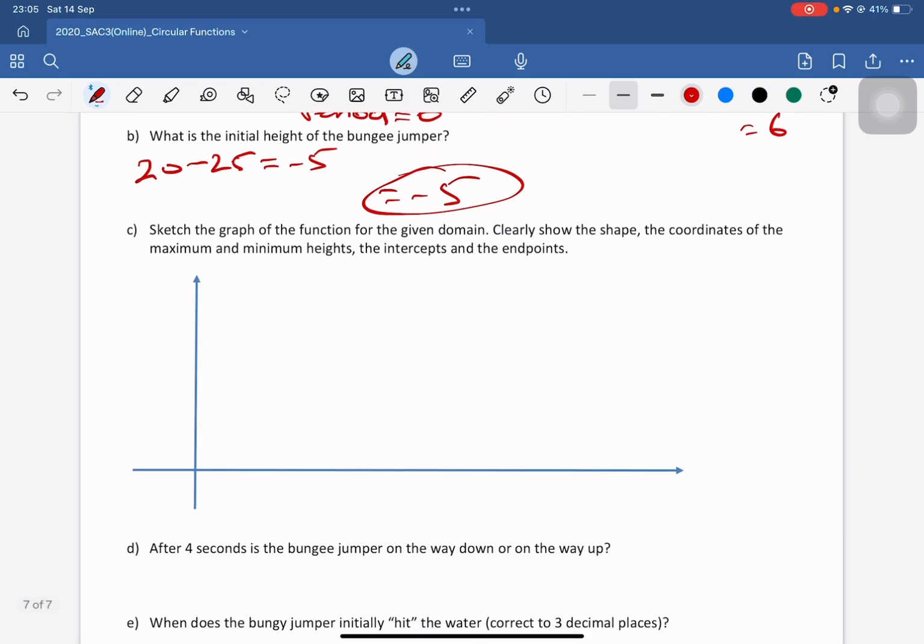It's asking you to sketch the graph of the function given the domain. Clearly show the shape, the coordinates, and maximum and minimum heights of the intercepts and endpoints. Okay. We know that the maximum is 45. And we know the period to be 6.